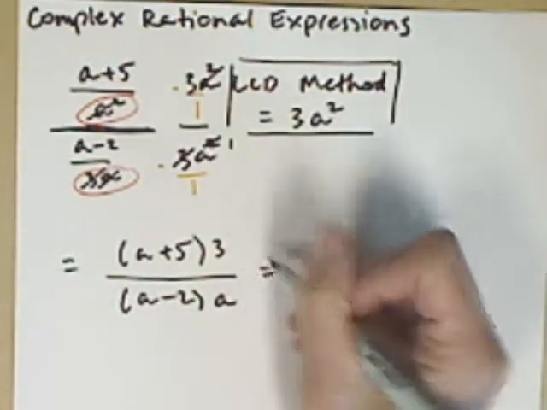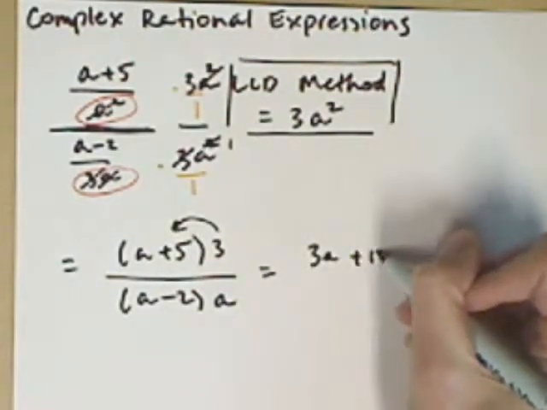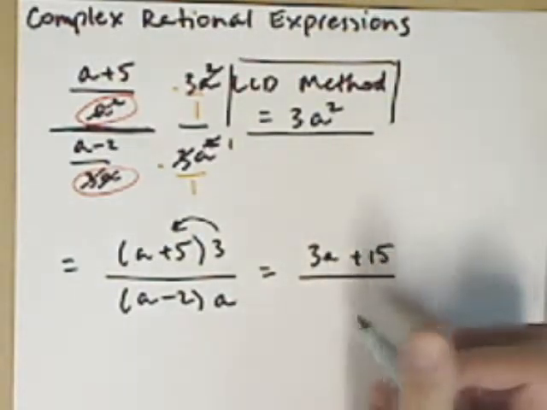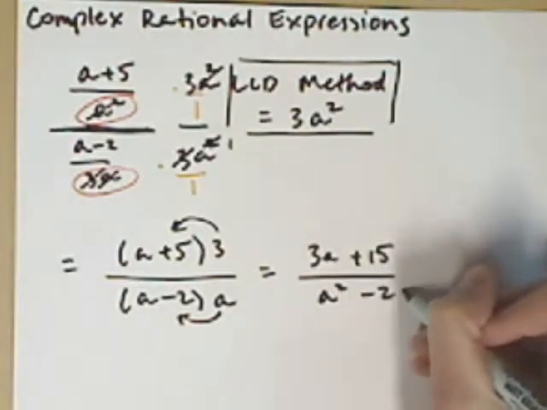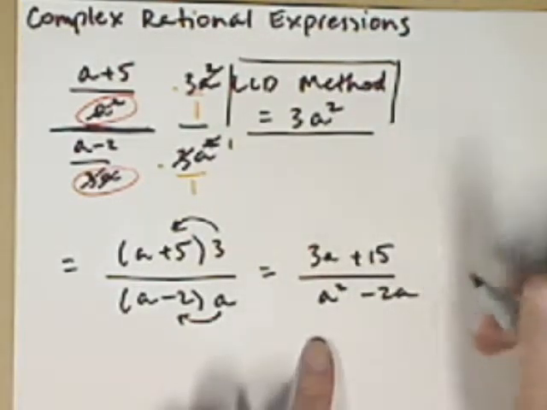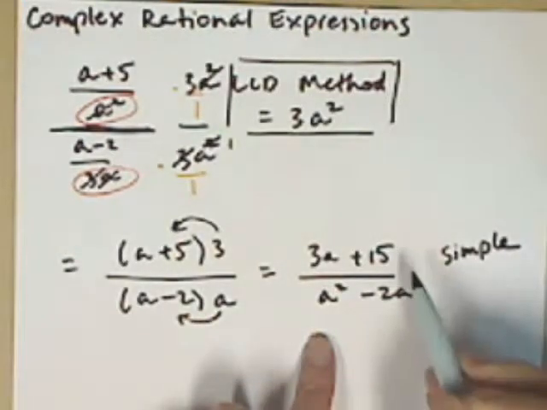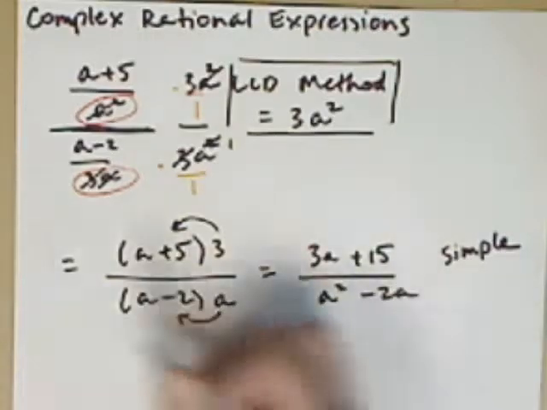And then I keep simplifying. I can distribute the 3, and I get 3a plus 15 in my numerator. In my denominator, I distribute the a, and I have a squared minus 2a. So this is what we call a simple rational expression. It's simple because we have a polynomial over a polynomial, no fractions inside.